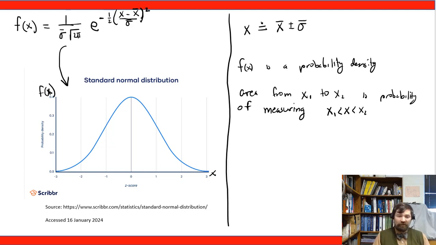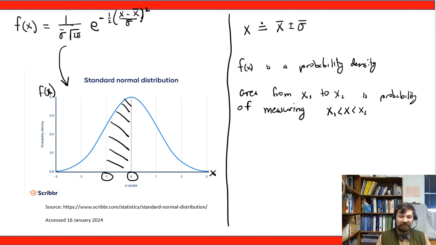All right. In other words, if I come down here and I find this area right here, then what I've found is the probability of getting between this and this as my measurement value for x.